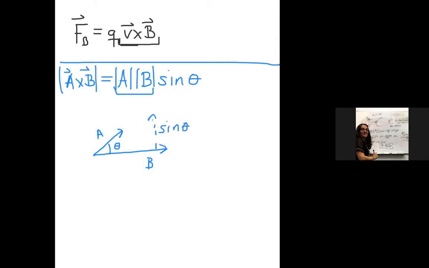Right, so it would look at the perpendicular component between A and B. That's for the magnitude. And that's just the definition of a cross product.